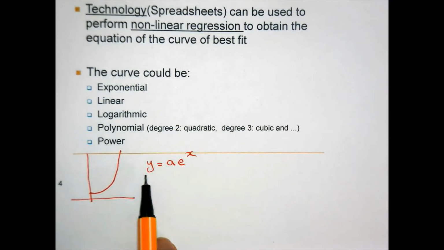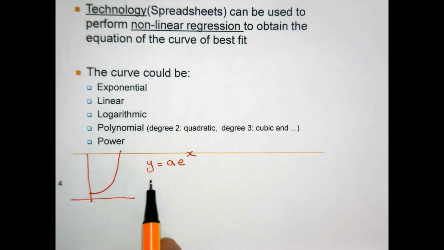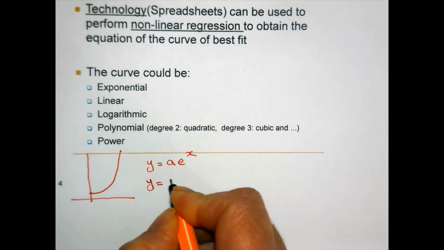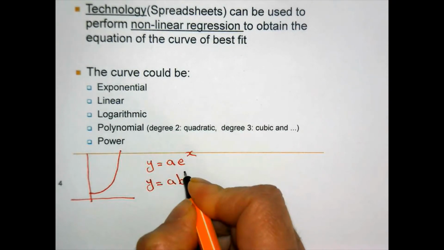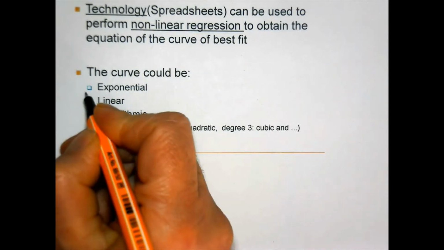Now, most of the time, what is given to you as an exponential regression is in the form of y equals a e to the exponent x. You may sometimes have an option to get your exponential as a times b to the exponent x, where b is your base as a number.